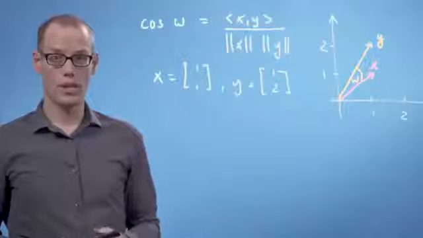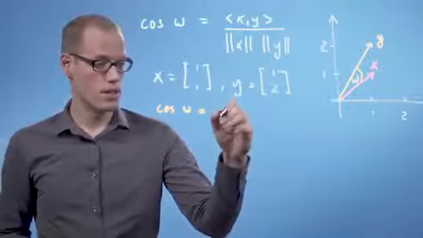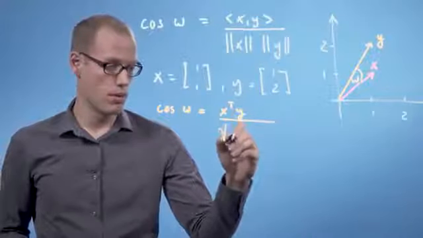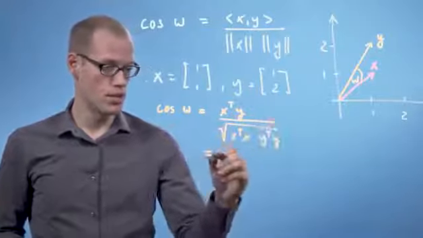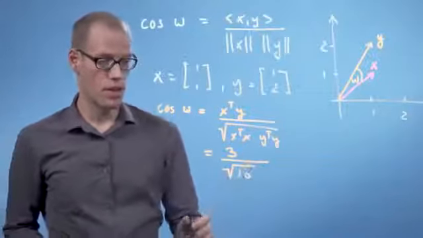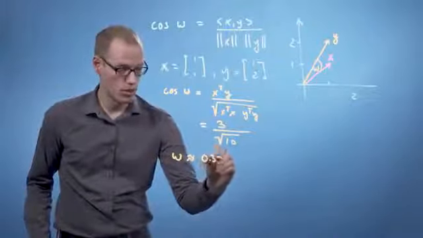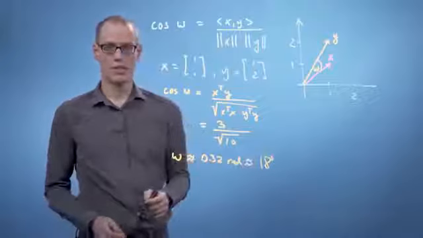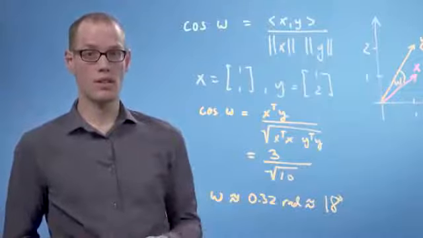If we use a dot product as the inner product, we get that the cosine of omega is x transpose y divided by the square root of x transpose x times y transpose y, which is 3 divided by the square root of 10. This means the angle is approximately 0.32 radians or 18 degrees. Intuitively, the angle between two vectors tells us how similar their orientations are.